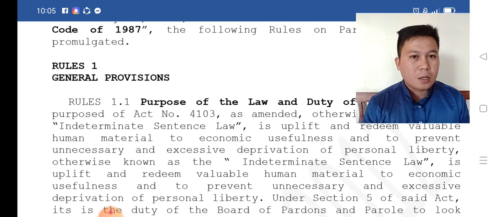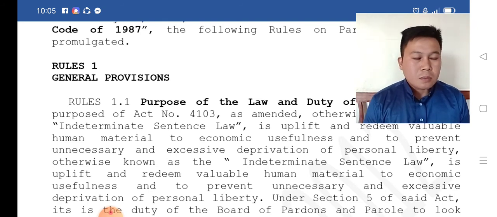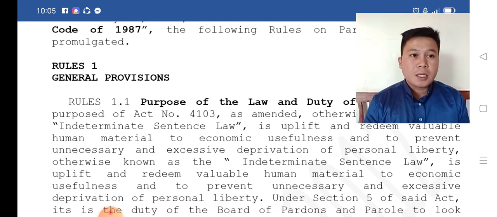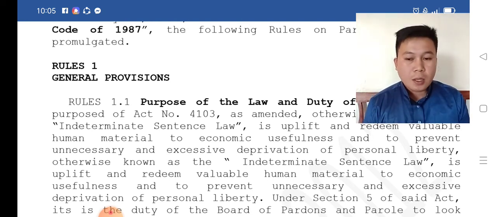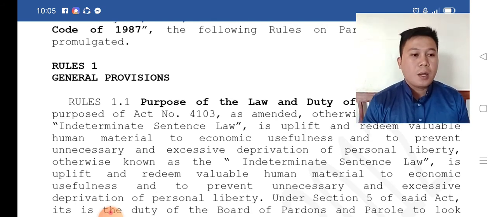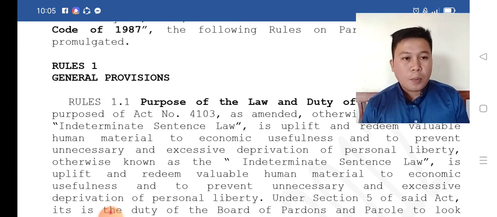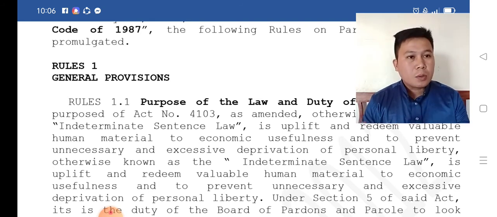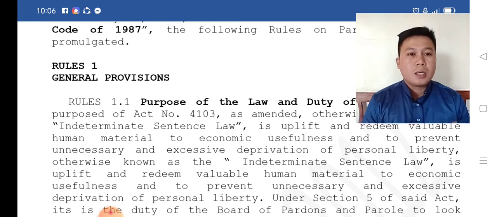So, this rule number 1 implies that in order for the government to give fair justice to those people, para nandyan si human material at saka economic usefulness, in order for these prisoners to be useful in the society, we need to give them a chance para makapagtrabaho sila, makapaghanap buhay, matulungan yung mga magulang nila, halimbawa mga anak nila, pamilya nila, and makatulong sila sa economic growth natin. So, nandyan lumabas si Indeterminate Sentence Law.